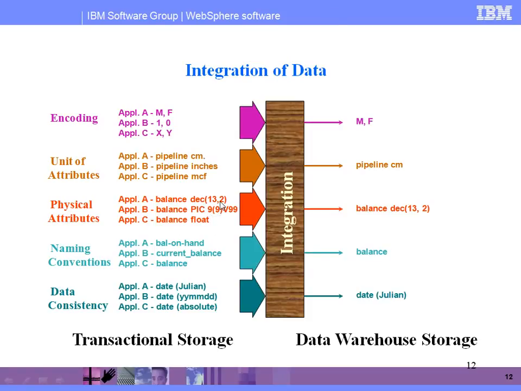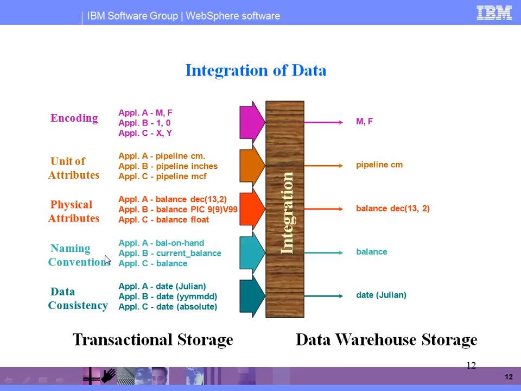When we receive decimal of 13,2, picture clause 9(9)V99 format, and floating format, we convert all of these into one format: decimal of 13,2.